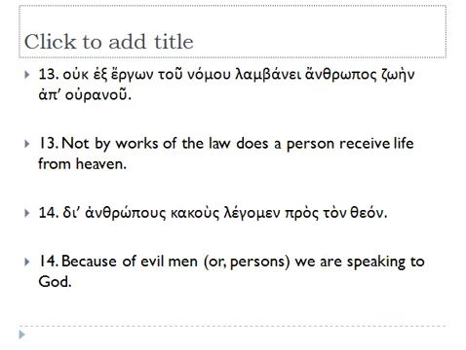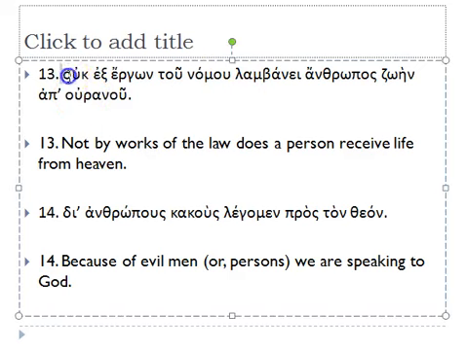Number 13, ouk ex ergon tou nomou lambanei anthropos zoen ap ouranou. Now, the opening here is a prepositional phrase, ex ergon, that has been negated. Not out of works, or not on the basis of works, not from works. What works? Works tou nomou, a noun in the genitive describing another noun.